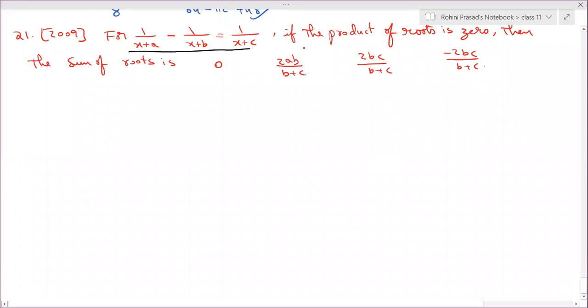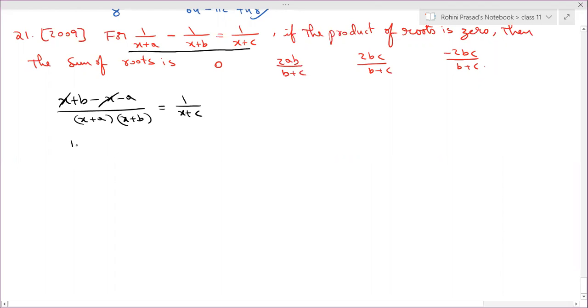For this equation, they have given that the product of the roots is 0. They're asking us to find the sum of the roots. So first we need to convert this into a quadratic equation. 1 by x plus b minus 1 by x plus a into x plus b equal to 1 by x plus c. X gets cancelled.